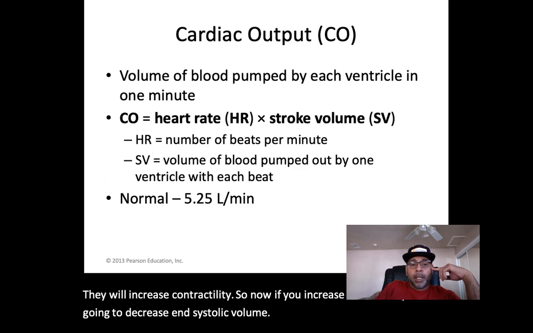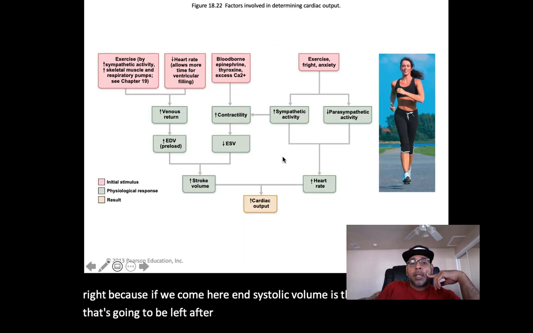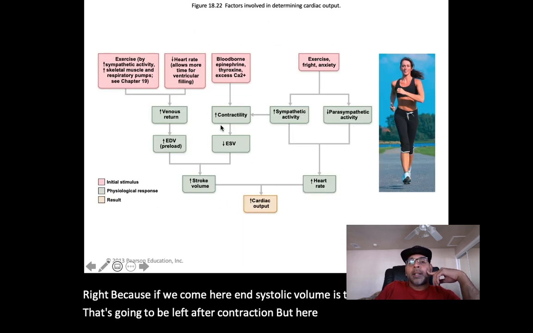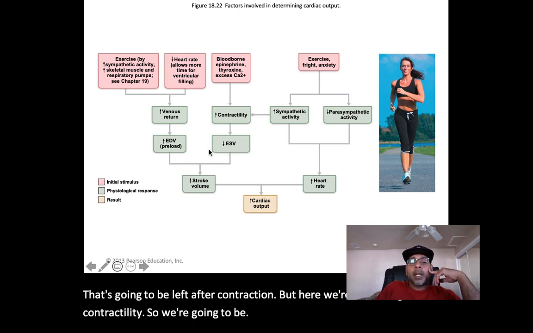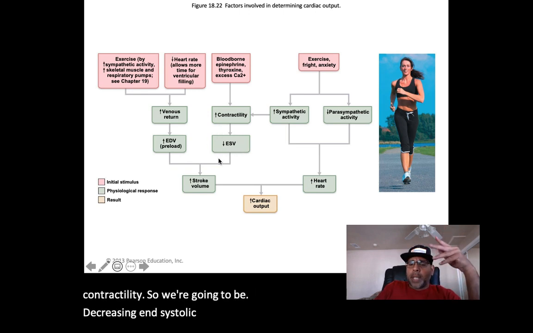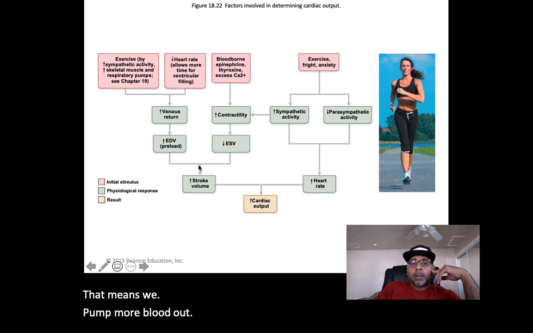Because end systolic volume is the volume of blood that's going to be left after contraction. But here, we're increasing that contractility, so we're going to be decreasing end systolic volume. So when we decrease end systolic volume, that means we pump more blood out. We have an increased stroke volume, which increases cardiac output.